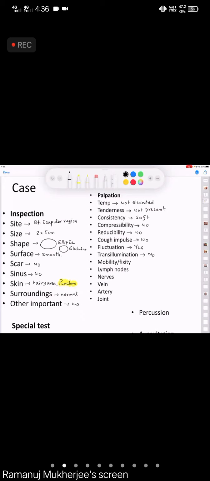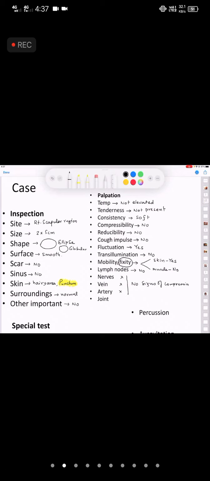Transillumination, no. Mobility, fixity to the skin, yes. Underlying muscle, so right scapular region will be the trapezius, no. Lymph nodes in the axilla, no. Nerve, vein, artery, no signs of any compression. Finally, the joint, the right shoulder, no problems or normal. Okay, so please complete writing and then we'll proceed.